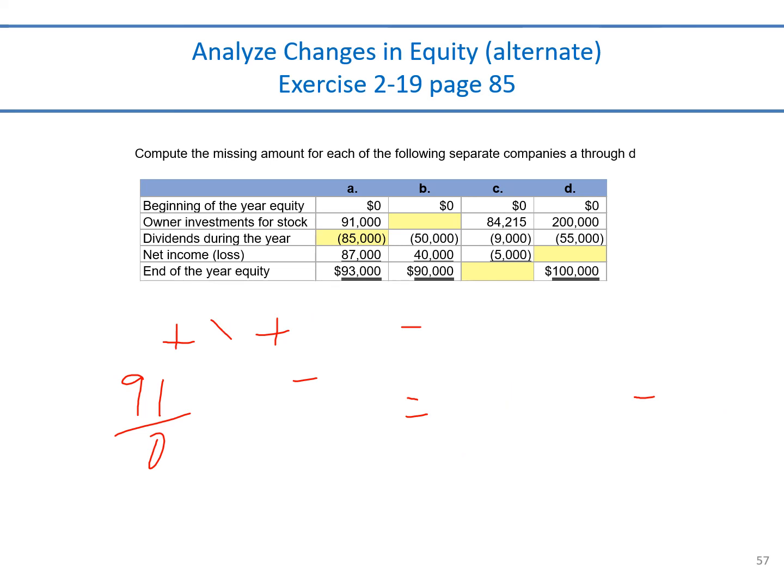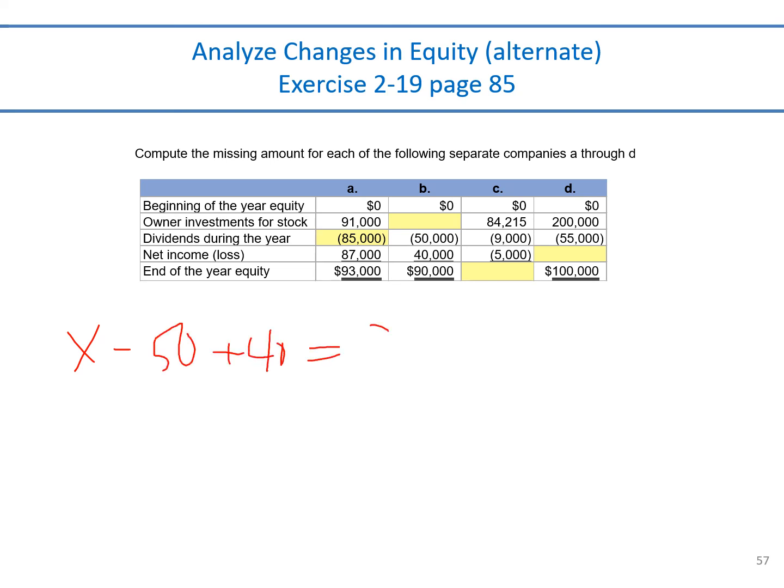All right, so then if we look at part B, we have X minus 50 plus 40 equals 90, right?